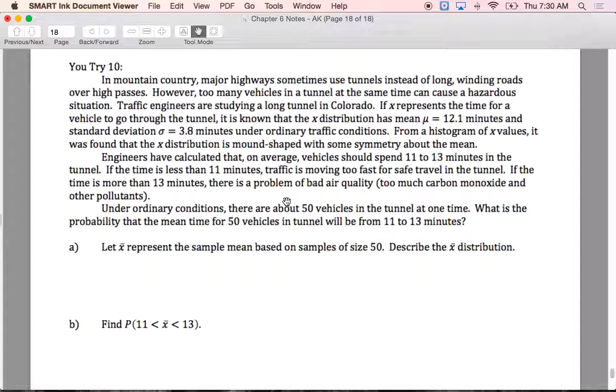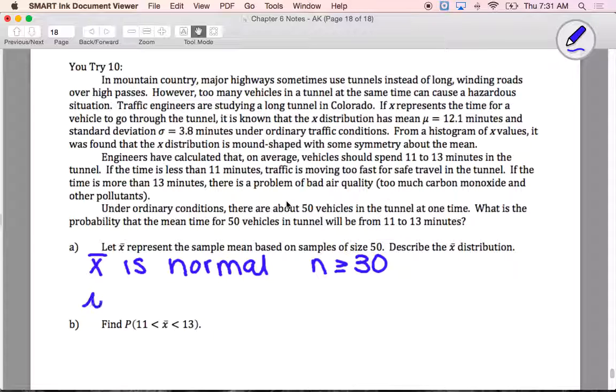Describe the X bar distribution. So since we have 50 vehicles, our n is bigger than 30. So that means X bar is normal. So now we've got to change our mu, which is just the same, 12.1.